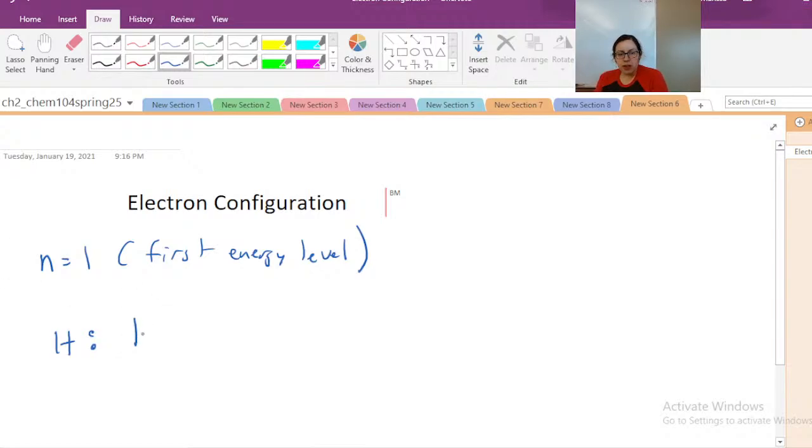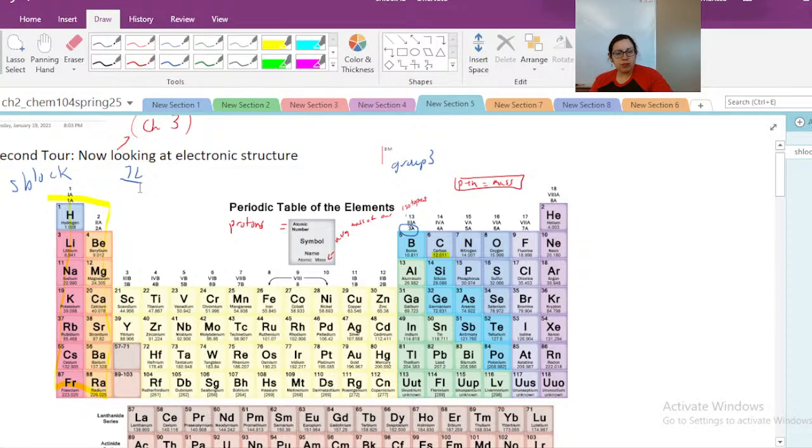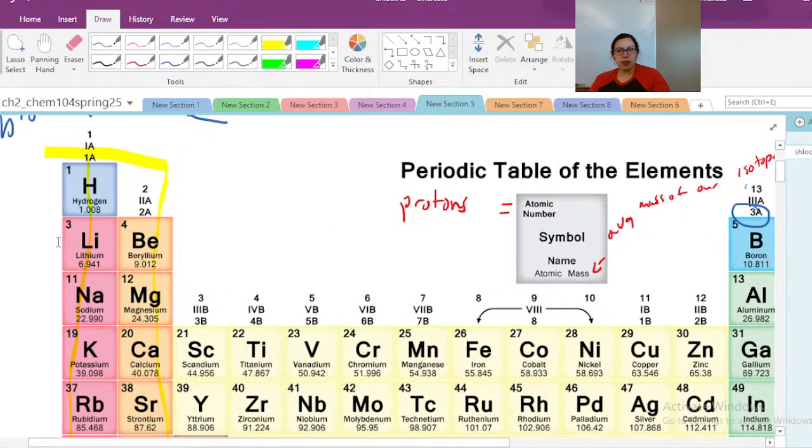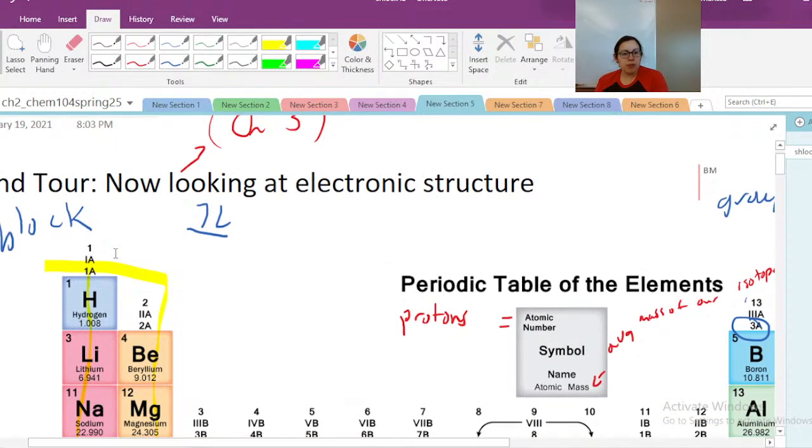We have our 1 here to show that it's filling up our first energy level, and then we're filling up the s. What you want to correlate it to is its position on the periodic table. This is going to end up being ns1 as the pattern that we'll get to.